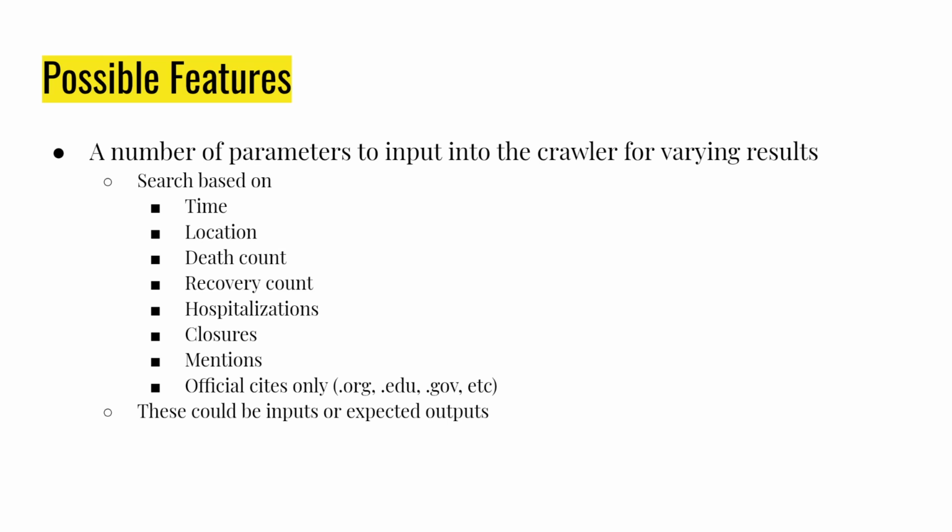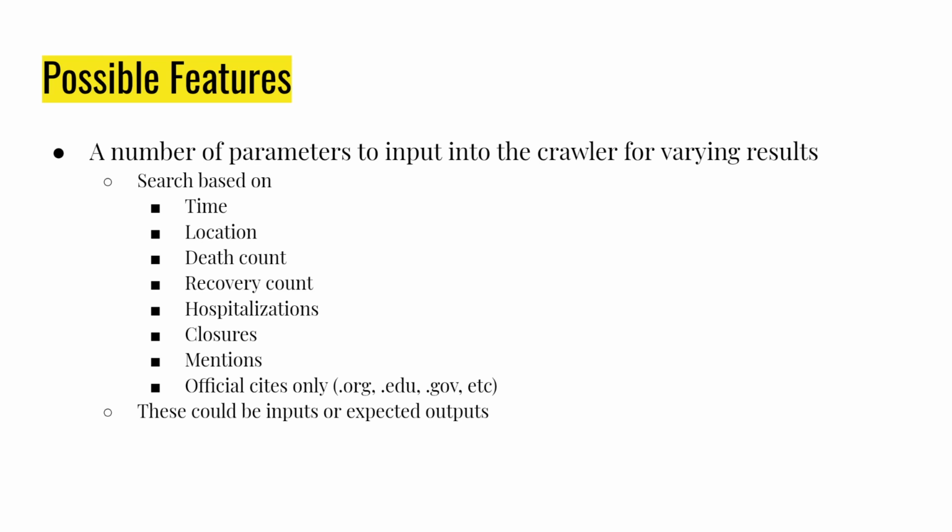Another thing that you could do is, instead of searching for articles with COVID references, you could just search for things like school closures. And there's a high chance that in 2020, especially in the spring and mid-year, if you're reading an article on a school closure, it's going to be referencing COVID in one way or another.